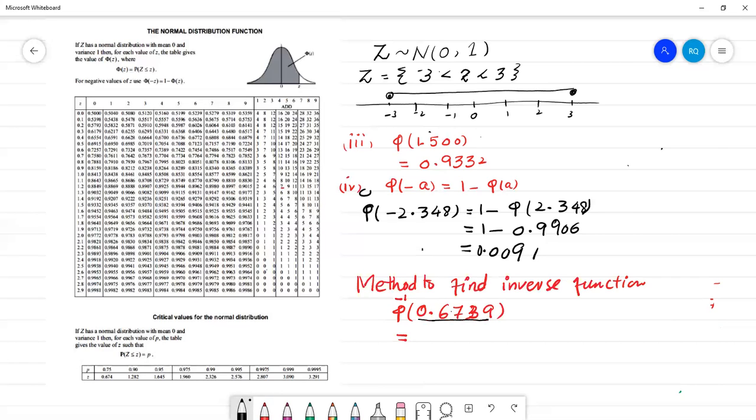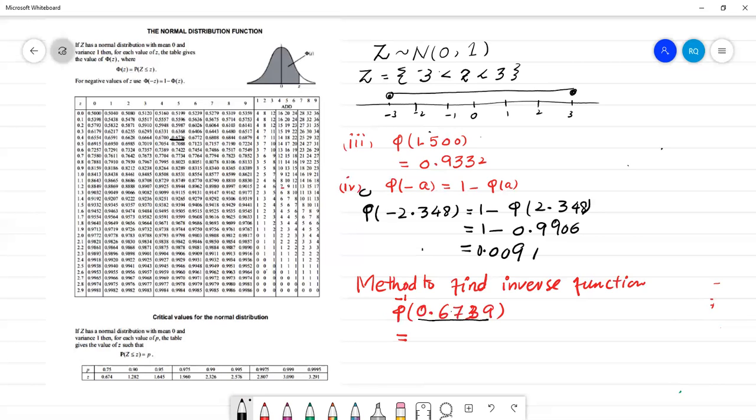First of all, you have to observe where 0.6739 is. If 0.6739 is not present, then you have to find the number closest to it, or the closest number which is less than it. So 0.6736 is over here.